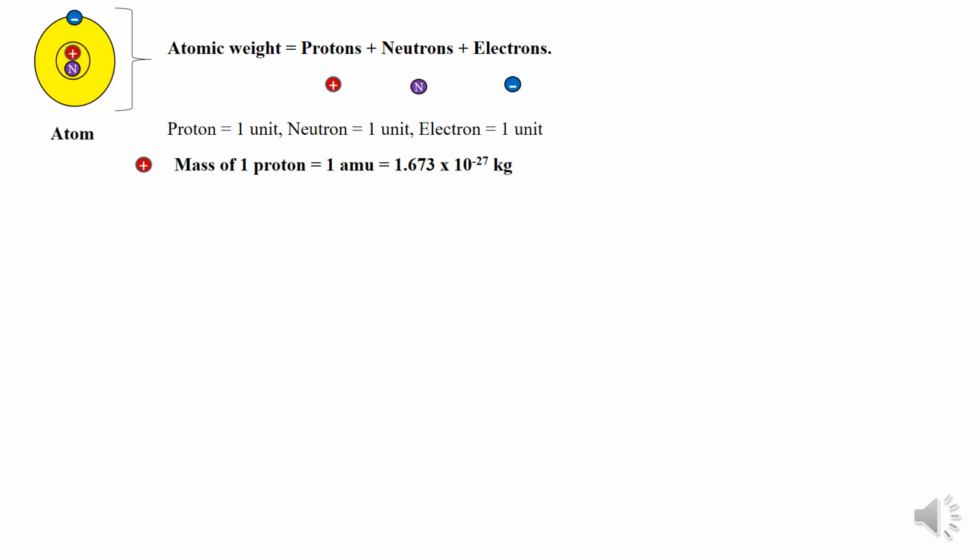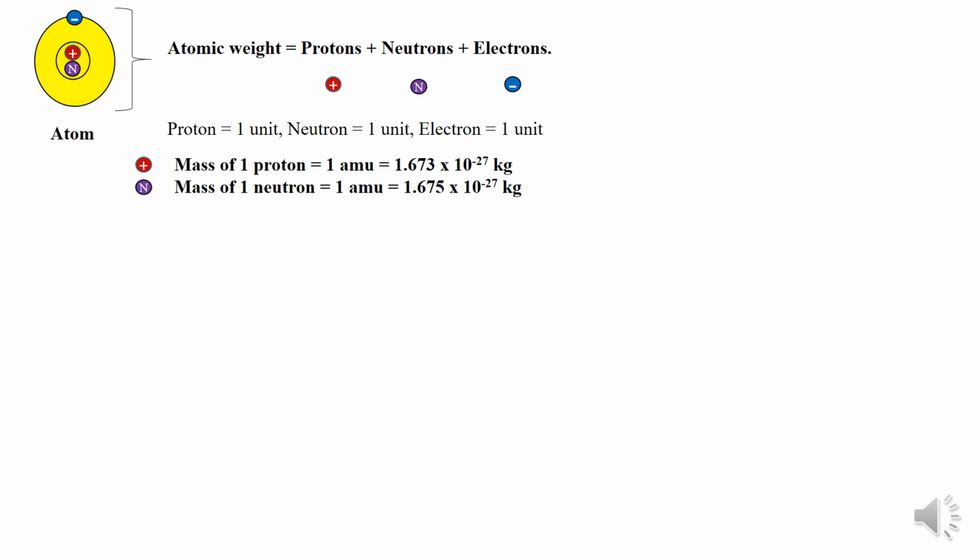So we are considering proton as a unit, atomic unit. So when you consider the mass of this particular proton unit, it will be considered as 1 atomic mass unit.